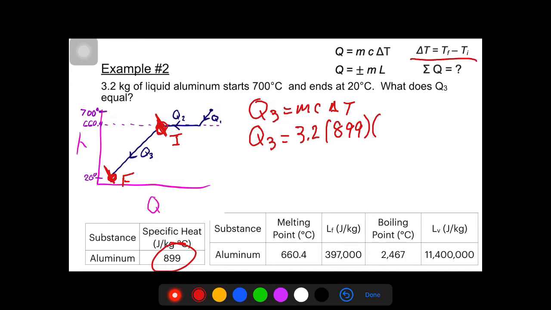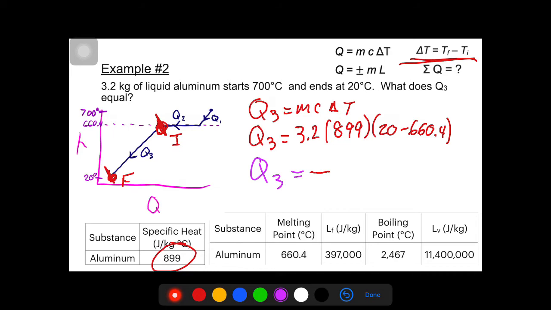So remember, final minus initial. So my final temperature is 20 minus my initial temperature of 660.4. Now, hopefully you realize that 20 minus 660 is going to be a negative number, which means overall my Q3 is also going to be a negative number, which is an indicator that it's losing heat.